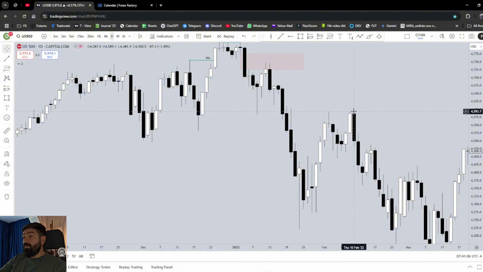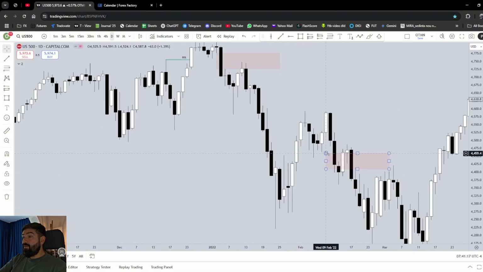It attempts to make another swing high but fails, and goes down with the displacement, creating another CB. Actually, we should take it with this gap as well. So we have another CB here.